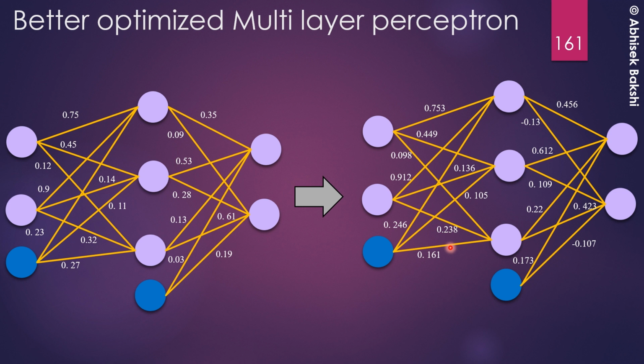In this way we can carry on, either until you complete all the patterns of the dataset, or you repeat all the patterns until you get an error which is less than some threshold value.